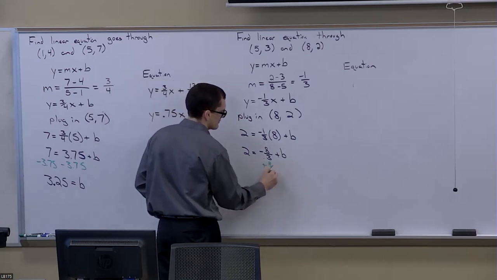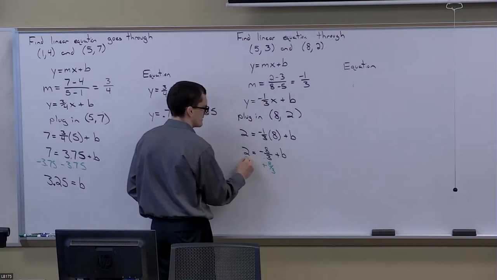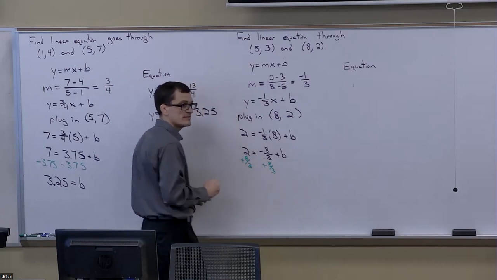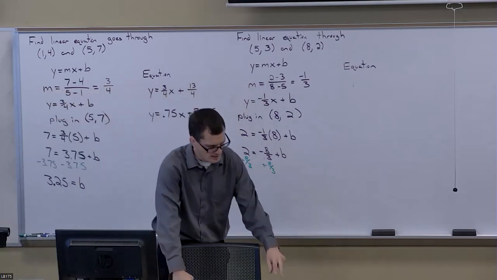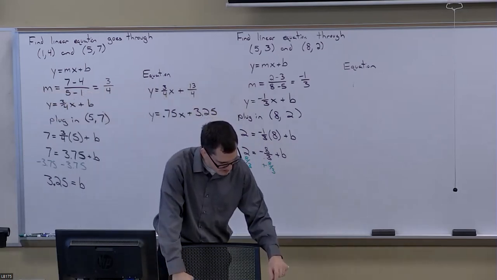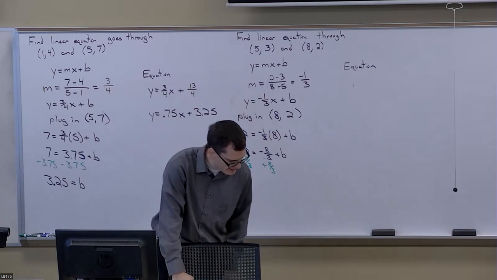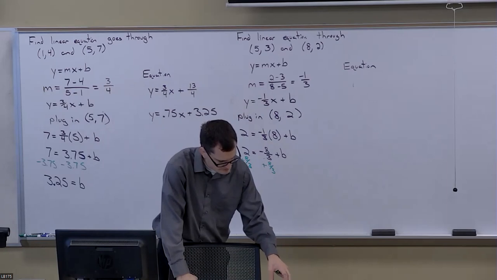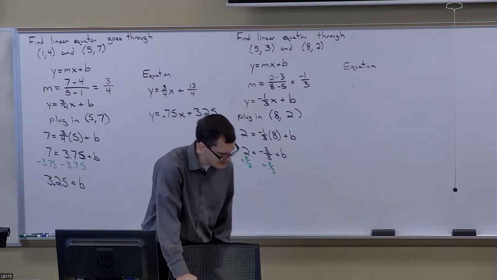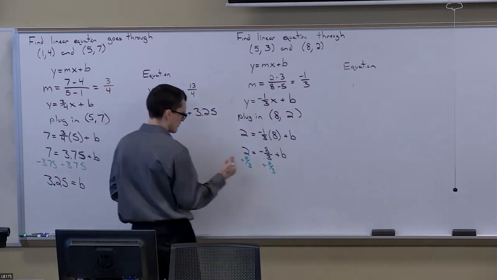Add 8/3 to both sides. Again, notice I'm not rounding that 8/3 yet. If I take 2 plus 8/3, I get 4 2/3, or 14/3. All right, 14/3 here.